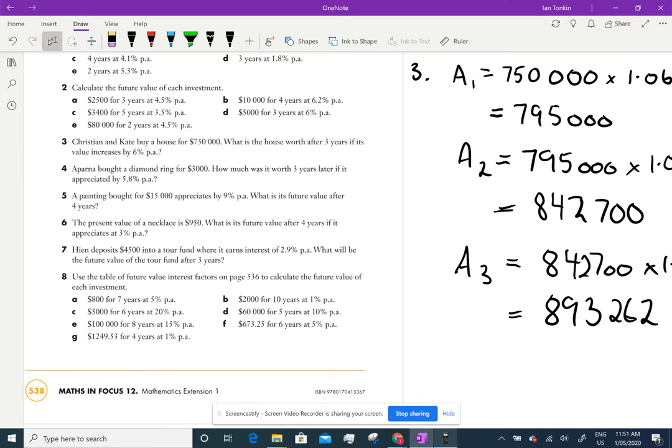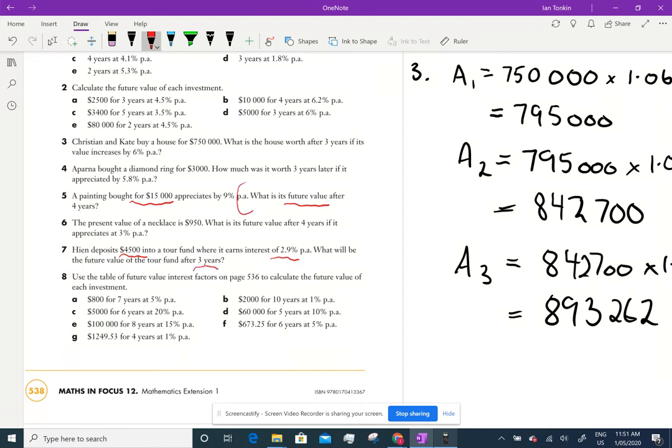Question 5, I'm going to let you do that, but look at the words they use. What is the future value? That's the present value, that's what they bought it for. It appreciates, means it's going up, and you've got to do 4 years. Question 7, there's the principal or the present value, 2.9%, 3 years.